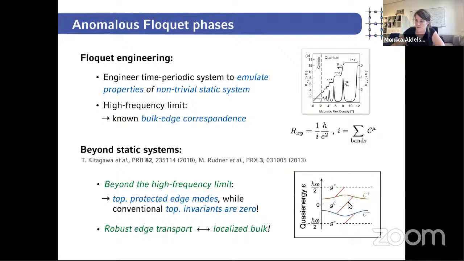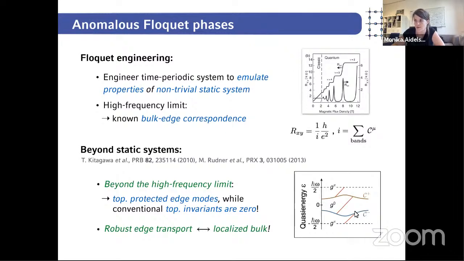And there's a direct connection between the number of edge modes above and below a Chern band. The difference between the two is equal to the Chern number of the band in between. So in this example in the lower right corner, we actually do have edge modes in the system, but if you calculate the corresponding Chern numbers of these two bands, they are equal to 0.